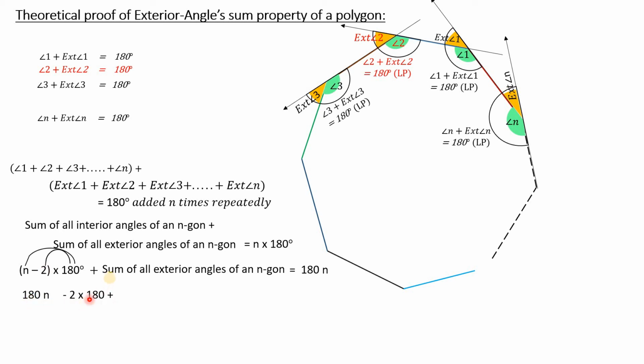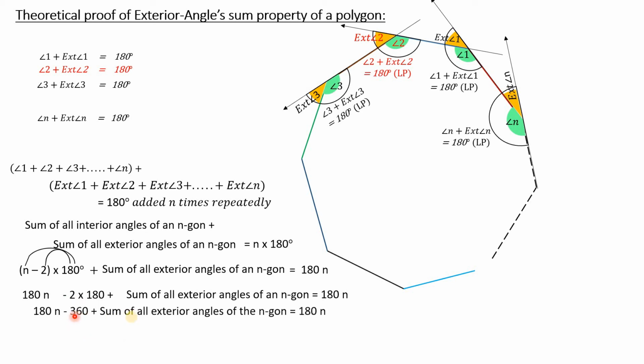So this is expanded, plus the sum of all exterior angles of the n-gon, which will be equal to 180n. So now 180n is one term, minus 2 times 180 equals minus 360, plus the rest of the things as written, the sum of all exterior angles of the n-gon equal to 180n as it is.